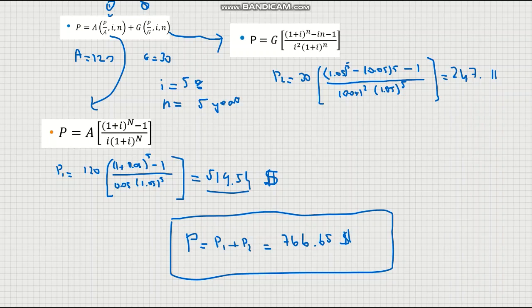The question was asking how much money this guy needs to put in to cover this 5-year maintenance. So it's gonna be 766.65 dollars he needs to put in order to cover all these payments.